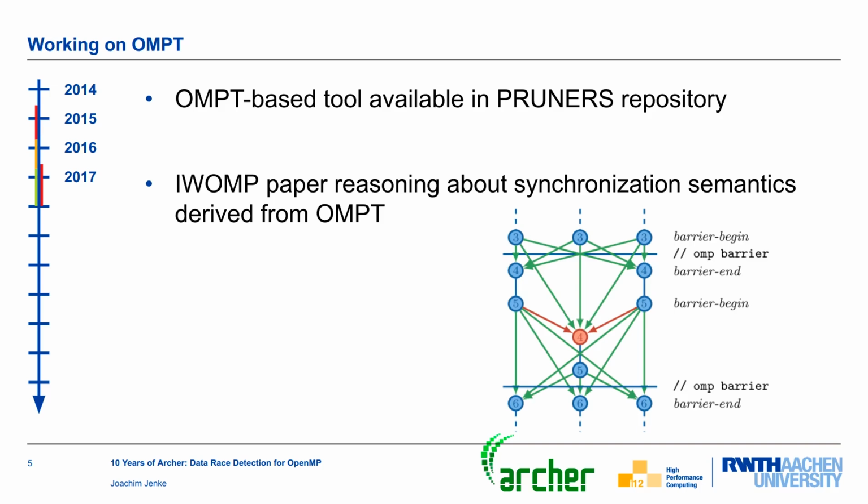On the lower right, you can see a graphic that showcases problematic scenarios where one thread leaves the first barrier quite late, even before other threads already arrive in the next barrier, and without special care, the tool would interpret false happens-before relations. But in the paper we also show how we can fix that.